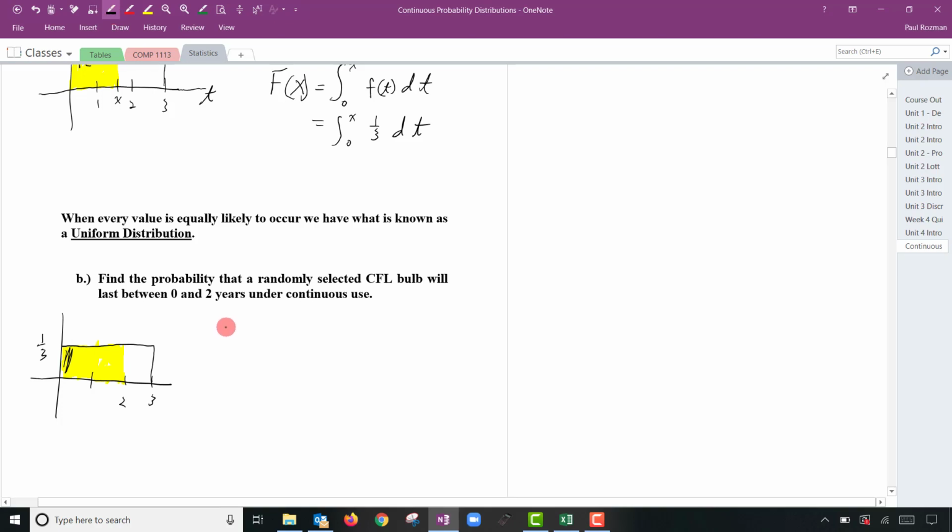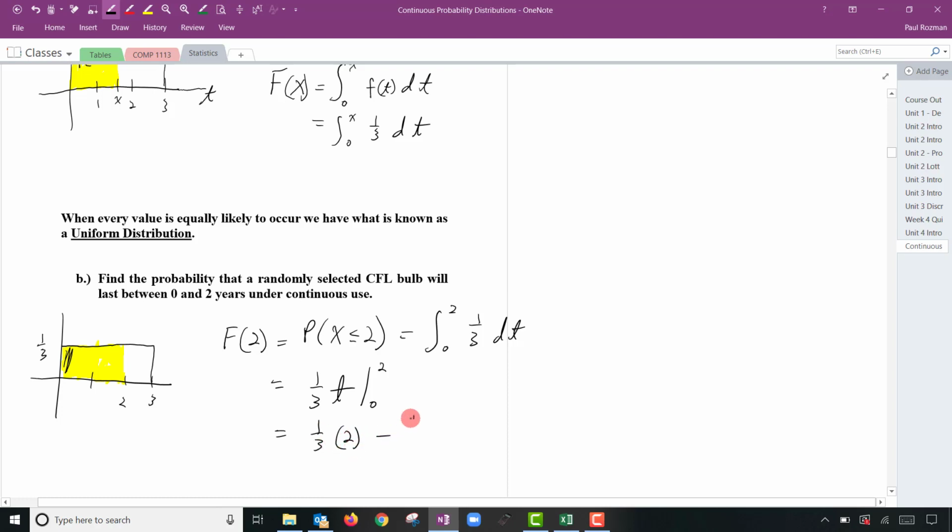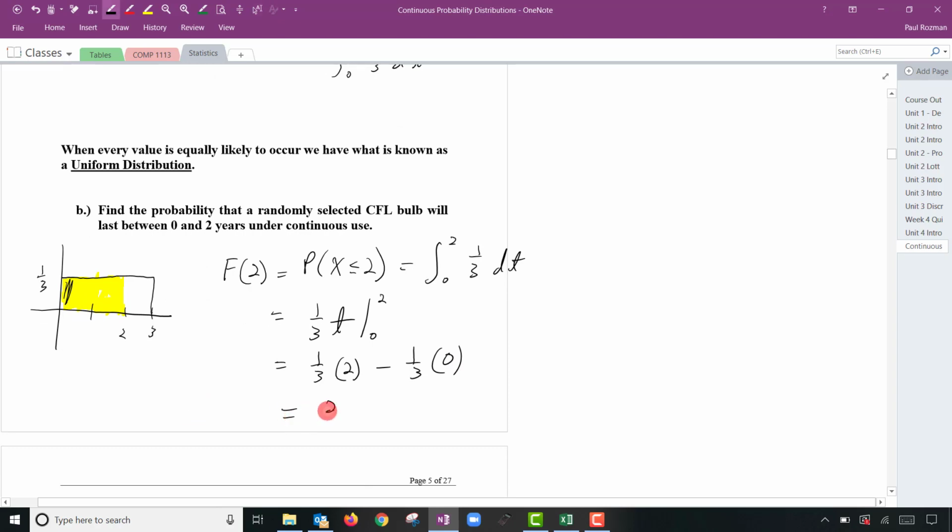Or we could integrate it. We could say F of 2 is the probability that x is less than or equal to 2, which is then the integral from 0 up to 2 of 1/3 dt. So we get 1/3 t evaluated from 0 to 2. So it's 1/3 times 2 minus 1/3 times 0, fundamental theorem, and we get 2/3.